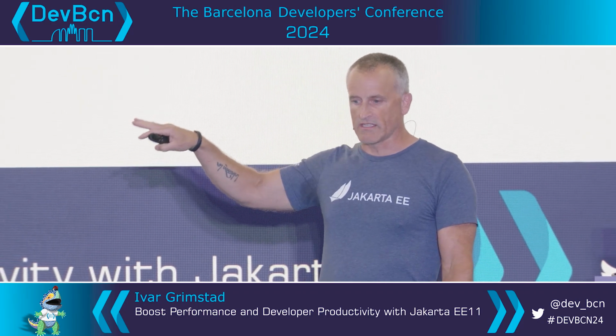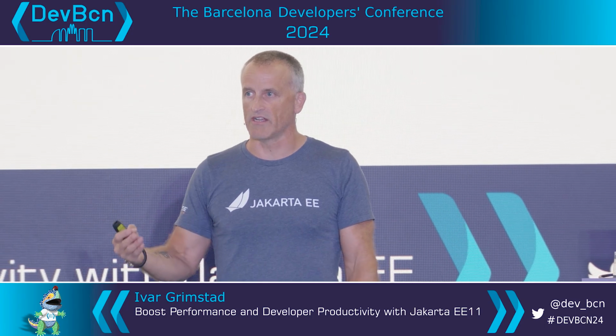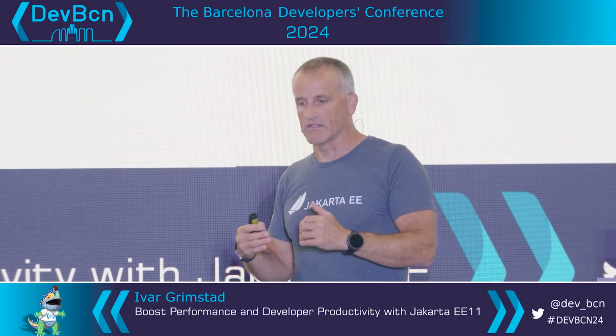CDI Lite is a flavor of CDI that takes away the dynamic runtime features of CDI and replaces them with compile time. All the dynamic things that usually were discovered at runtime are now discovered at compile time, so you can do ahead of time compilation with, for example, GraalVM to create native images.